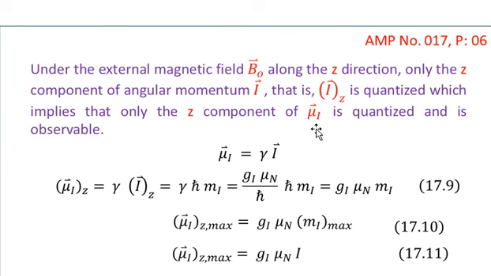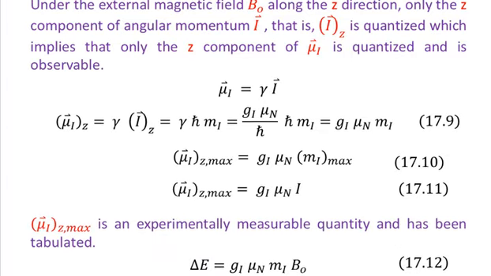And I and mu I will have the same direction. But for the electronic quantities, the total angular momentum J and the total magnetic moment mu J will have opposite directions due to the electronic charge, which is negative.